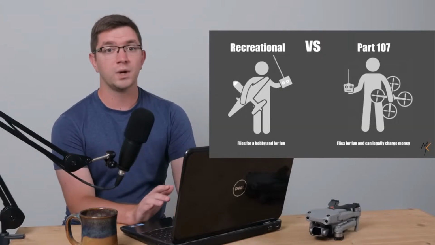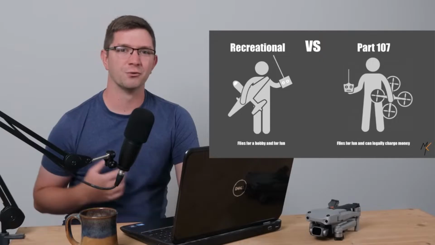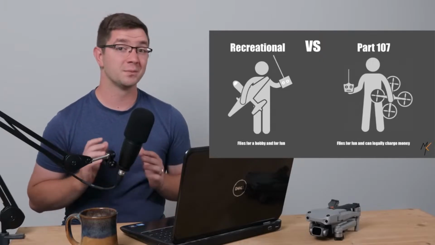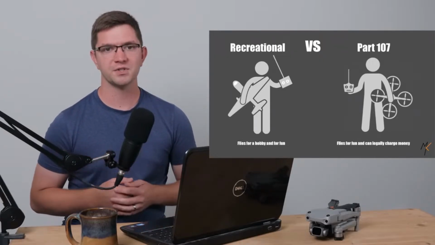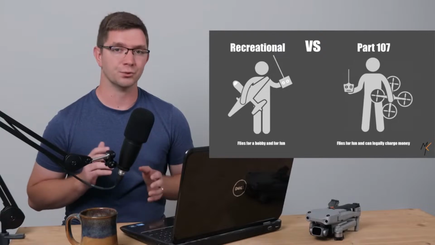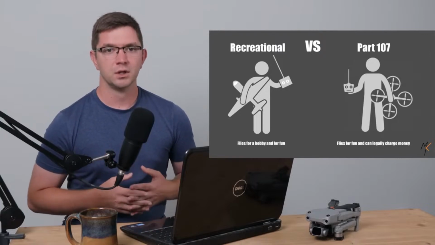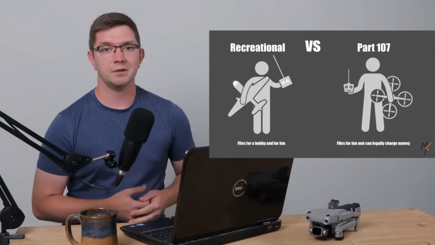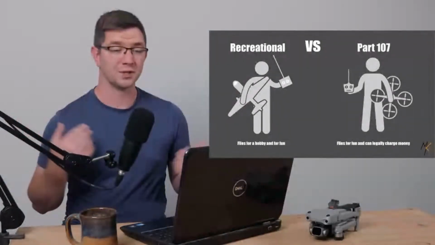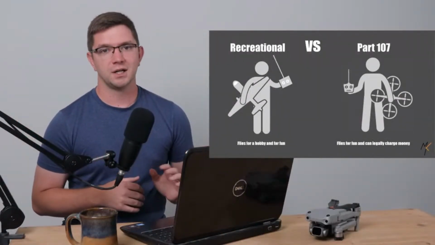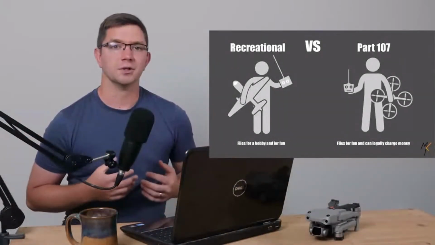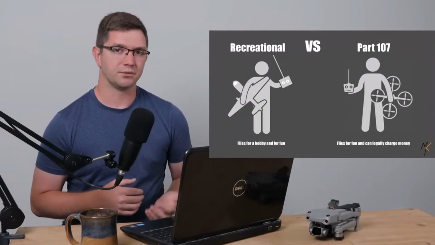So, who has to follow these rules? While recreational drone operators have similar guidelines, commercial drone operators have to abide by the rules and regulations of Part 107. So, if you're flying recreationally, you're flying for fun. If you're flying commercially, you're most likely flying for a profit and you're going to have a license from the FAA.